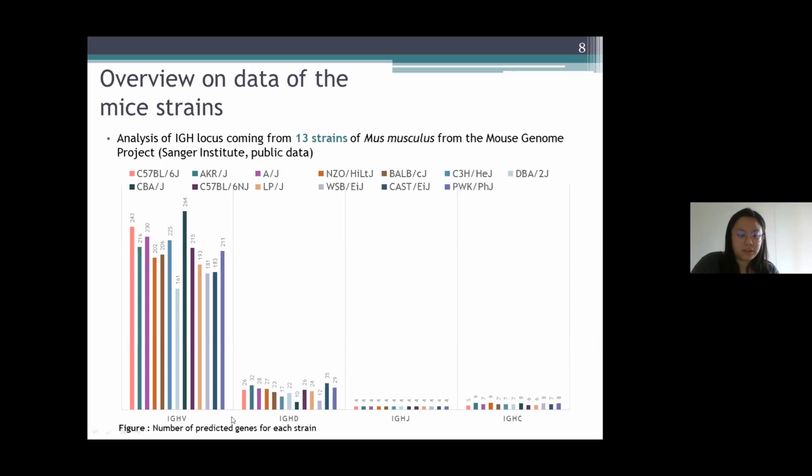So we have each type of gene, and as we can see, the number of genes for each type is pretty much the same, which means that we are more likely to have the whole locus, which is a good thing for my study.